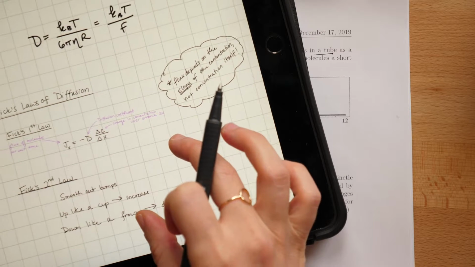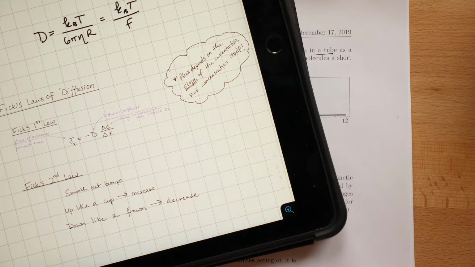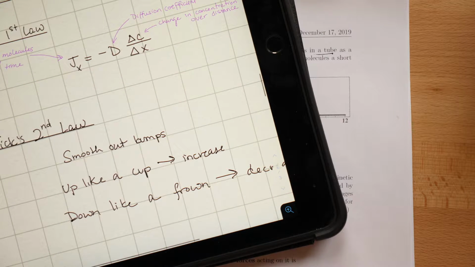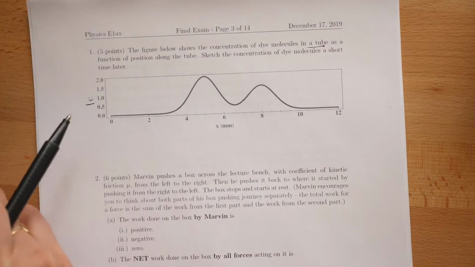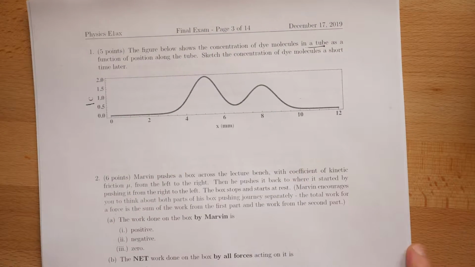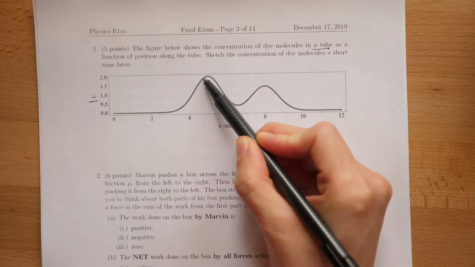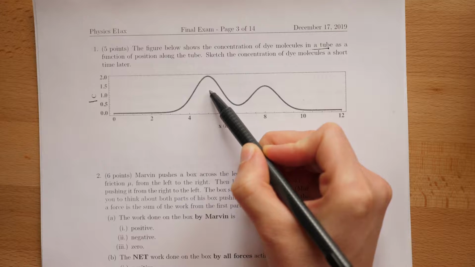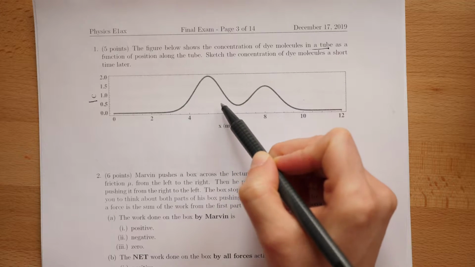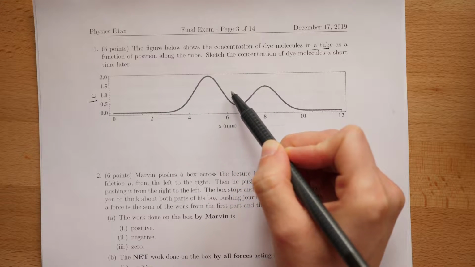If we look at Fick's laws of diffusion, Fick's second law says that the bumps are going to get smoothed out. So if the concentration looks like a frown, the concentration is going to decrease at that point, and if it looks like a smile or a cup, it's going to increase at that point.